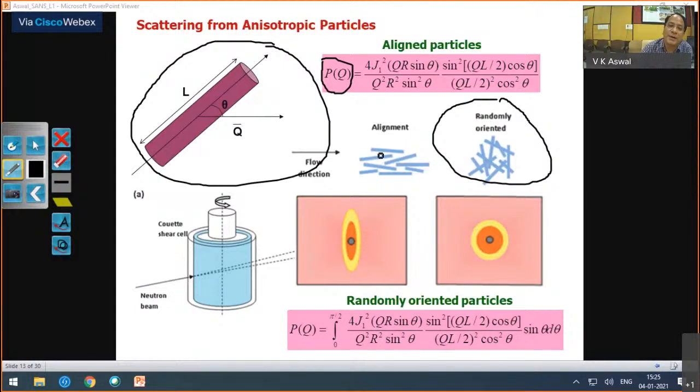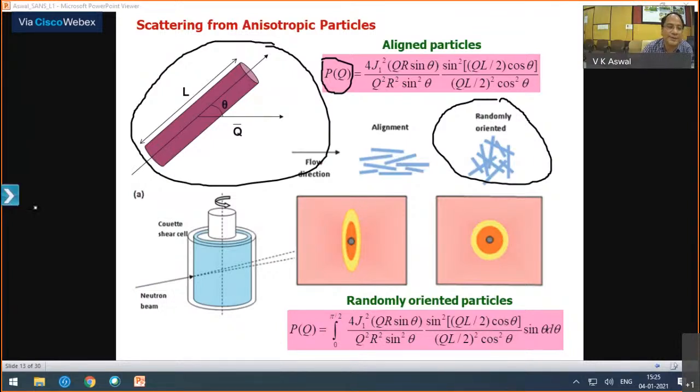If you have magnetic particles, you can use a magnetic field. Or if you have them in solution, then you can use shear. There are shear cells, with one fixed cylinder and another rotating, which align them by the shear. In this case, your scattering will be Q dependent.